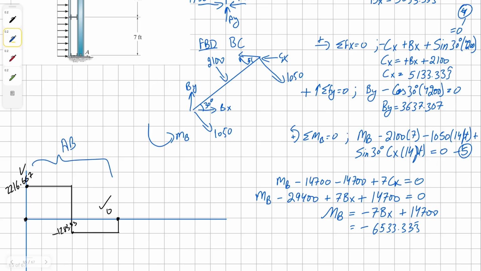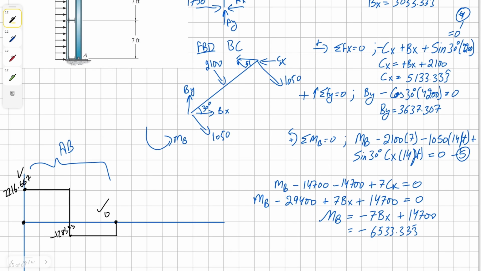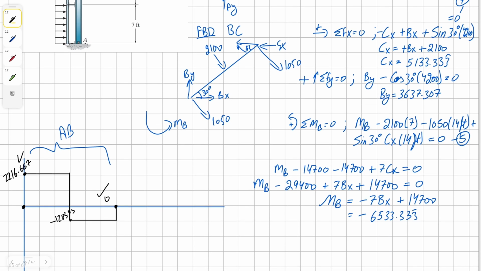And now for BC. For BC, first of all, before we do our equation, we'll have to convert our vectors into force vectors that are perpendicular to our beam. To do that, we know that the angle in between here is angle theta, which is 30 degrees.